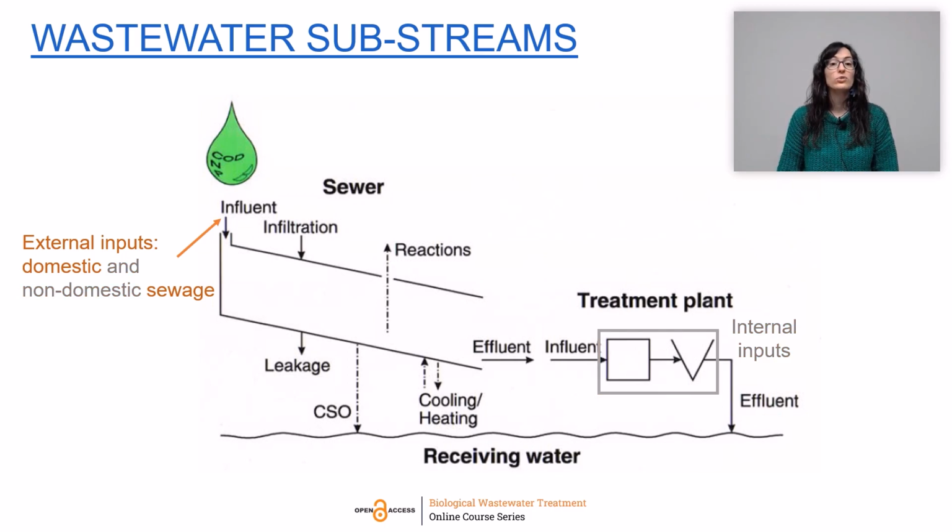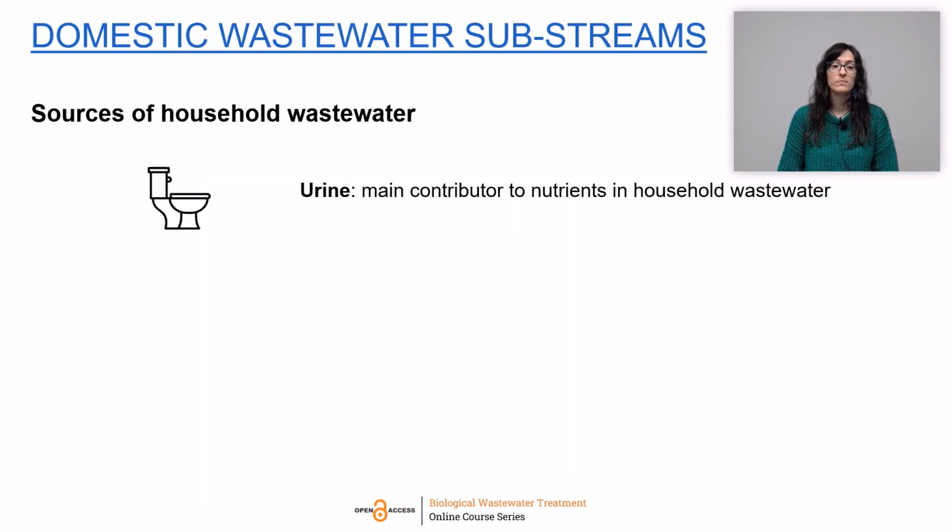Now we are going to take a closer look at the domestic sewage, which is one of the external inputs. For this, we have to see what the different substreams are that constitute the domestic wastewater that comes from the households. Here we can identify three sources of household wastewater.